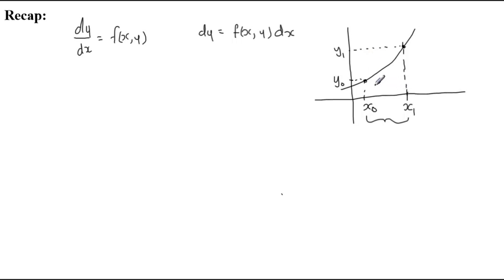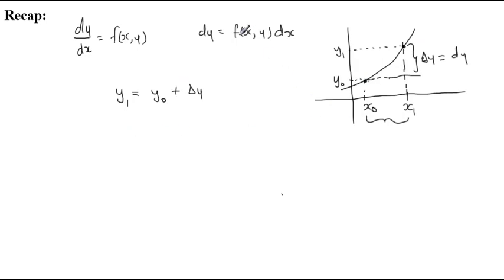But that value y1, you must notice, is actually y0 plus this change in y, which in this expression is given by dy. So in other words, if we wanted y1, we would say y1 equals y0, this value at this level, plus this change in y.